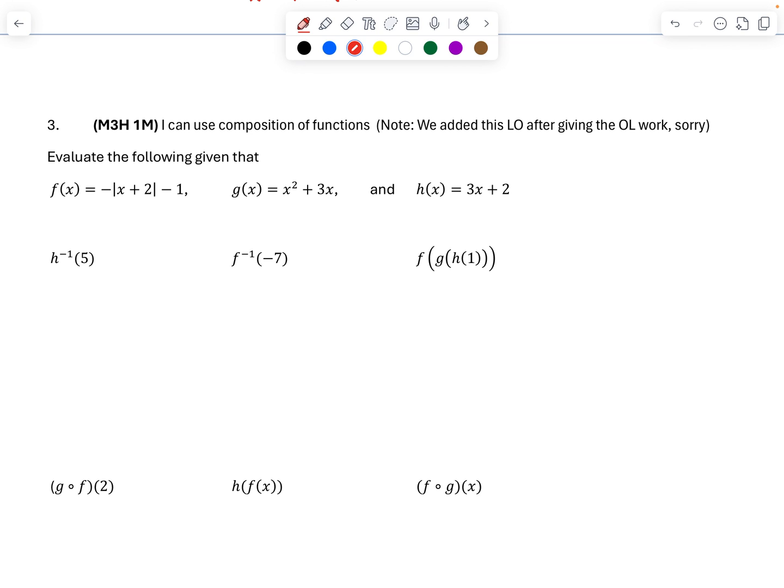There's one of these that is, well, there's two of these that are hard to invert. One is, so these two functions are not one-to-one, so they will be hard to just invert.